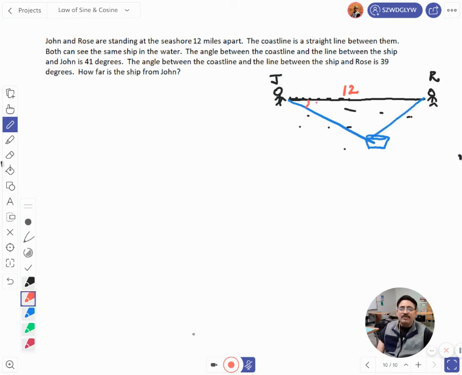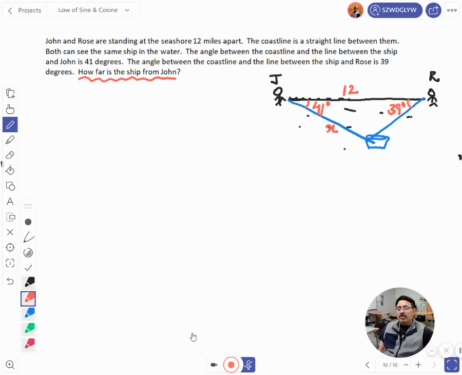So let me write this one as 41 degrees. The angle between the coastline and the line between the ship and Rose is 39. So this is 39 degrees. And the question is, how far is the ship from John? So the question is, what is the value of this one?